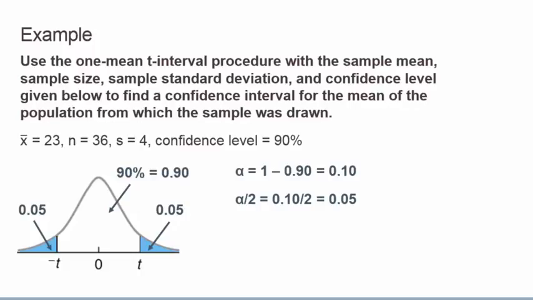Next, we need to find our degrees of freedom. N equals 36. Our degrees of freedom are n minus 1, so df equals 35. I want to go to the table to find t sub alpha divided by 2. For this example, that equals t sub 0.05.